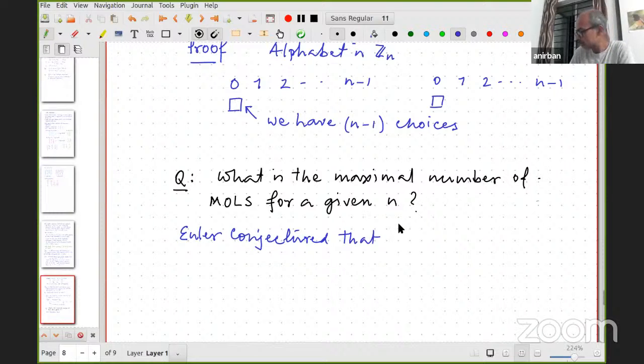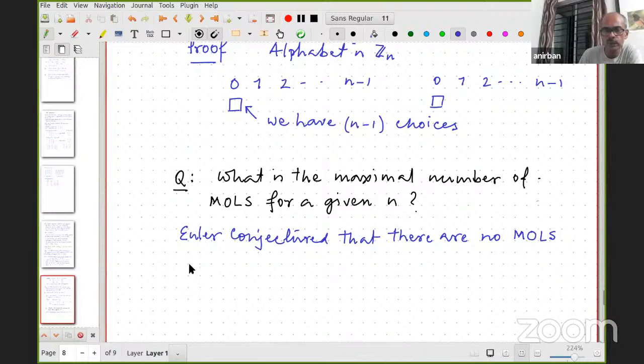So Euler conjectured that there are no mutually orthogonal Latin squares. So you cannot get two mutually orthogonal Latin squares. MOLS, this is O, not the LS. So you cannot get two mutually orthogonal.